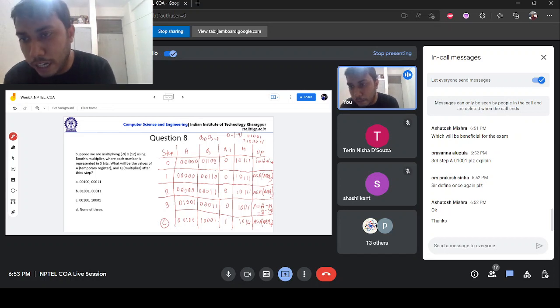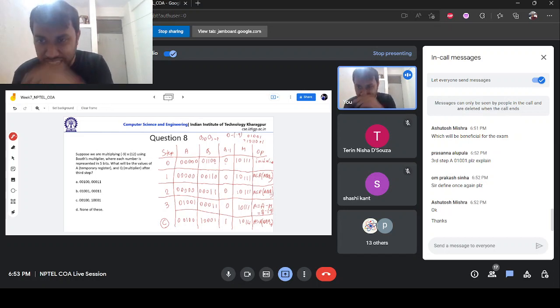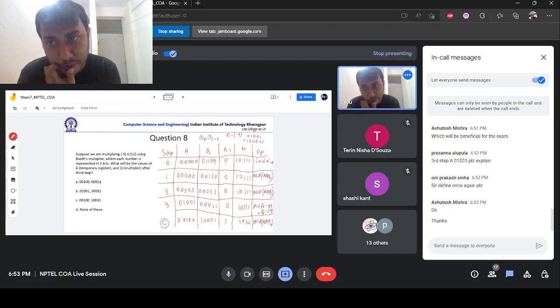A is the temporary register, or you can call it the accumulator. Q is the multiplier, which in this case is 12, and M is the multiplicand, which in this case is -9. For any 2's complement multiplier, it has to be represented in 2's complement form.